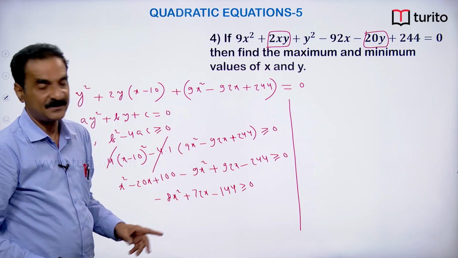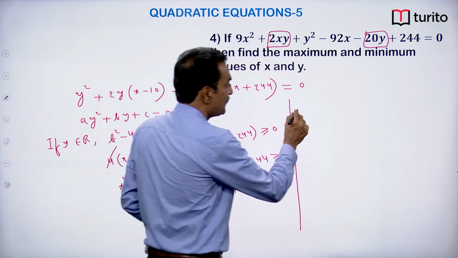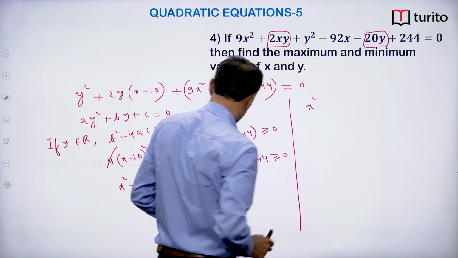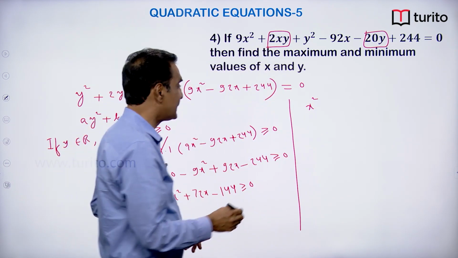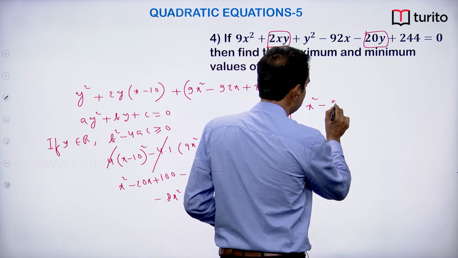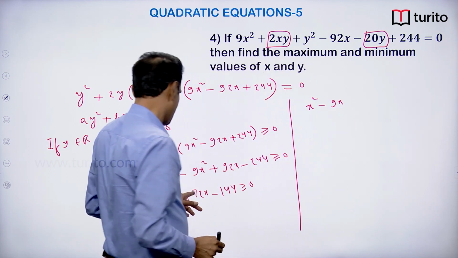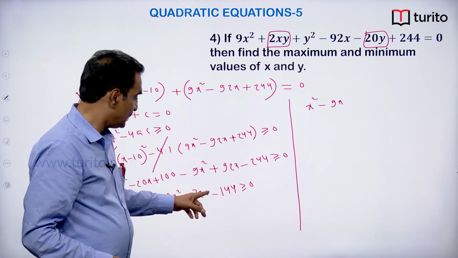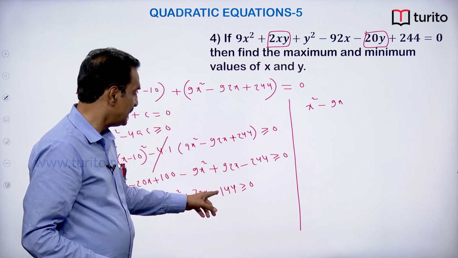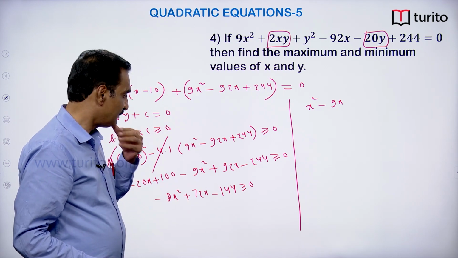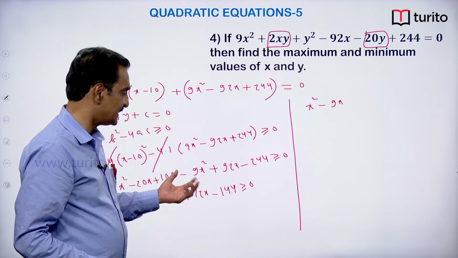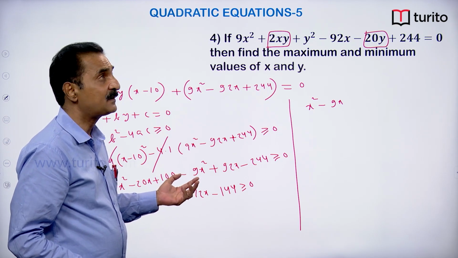Dividing by minus 8, x square minus 9x, 8 9s are 72 now. Next, dividing by 8, how much you will get? 36, not 18.